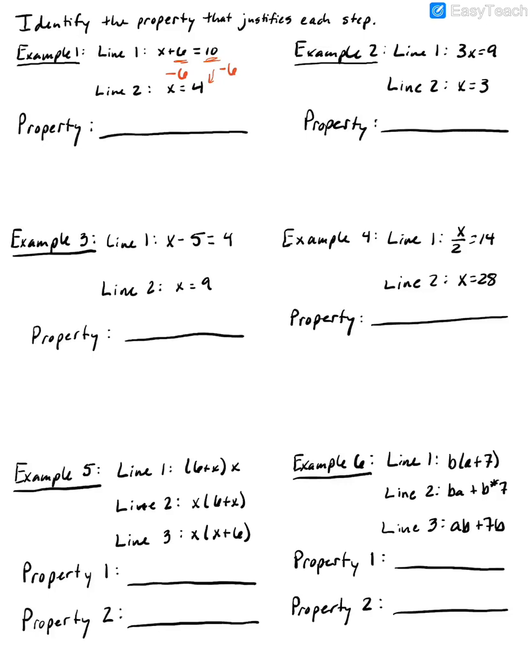So 6 minus 6 is 0, and remember that our additive identity says anything plus 0 is still that thing again. So x plus 0 is still x, and that's why I can write x. And 10 minus 6 gets me 4. So this one is the subtraction property of equality.